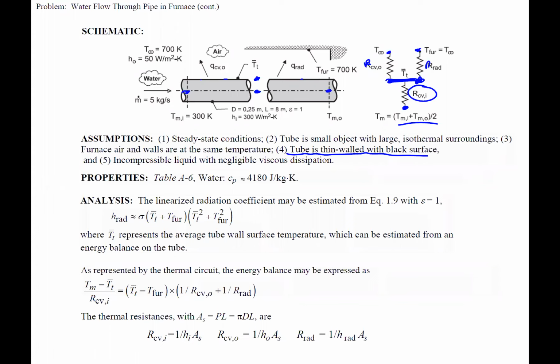That's why they asked in part A to linearize the radiation, which is back from chapter 1, where we have equation 1.9, where we use a radiation kind of coefficient. But it's dependent upon, we have the furnace temperature, right? But it's dependent on the tube temperature. Okay, it's dependent upon this, right?